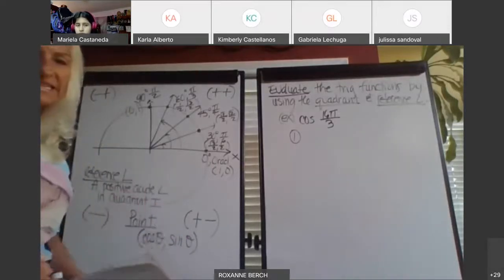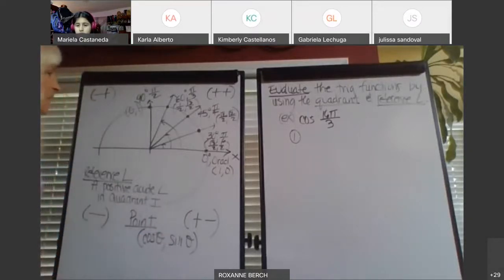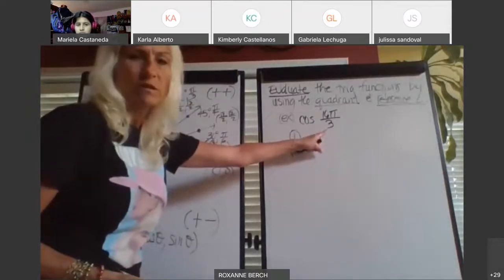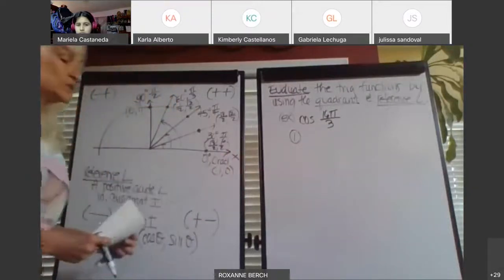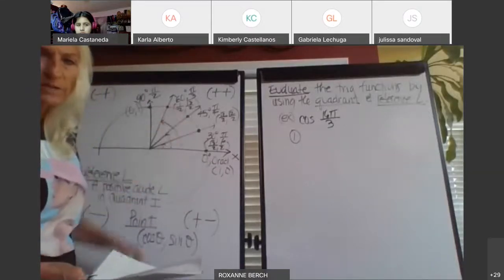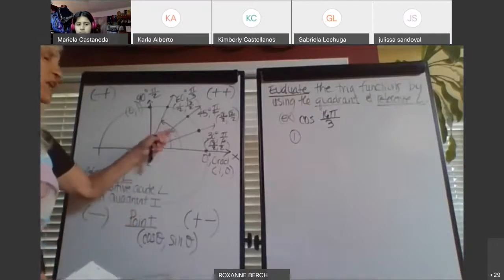With radians, it's easy to cheat. It's different with degrees, it's harder. But what you could do with finding the reference angle here is look at the denominator. And you could say, hey, the denominator's 3, so that means my reference angle is pi over 3 in the first quadrant.